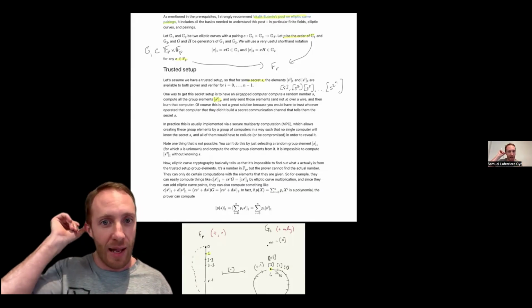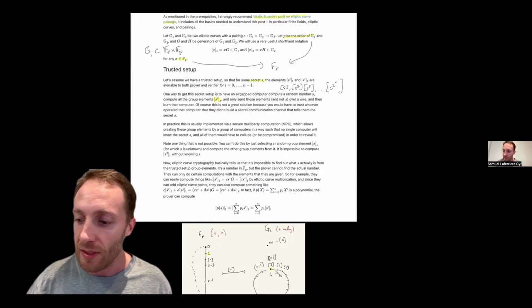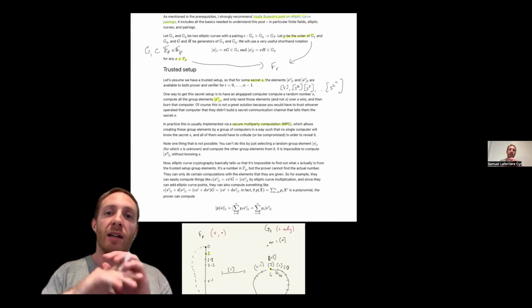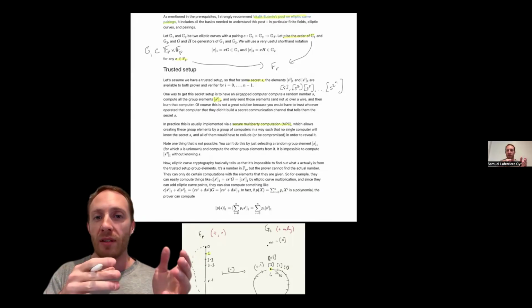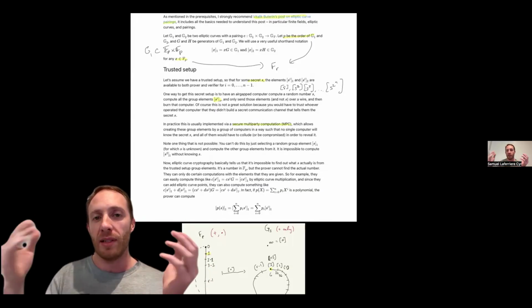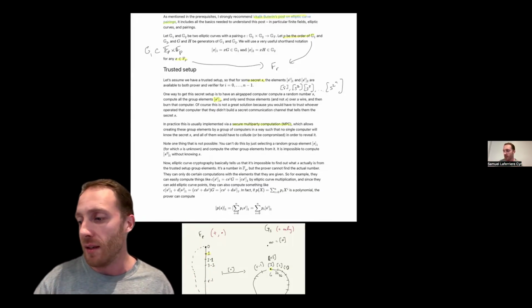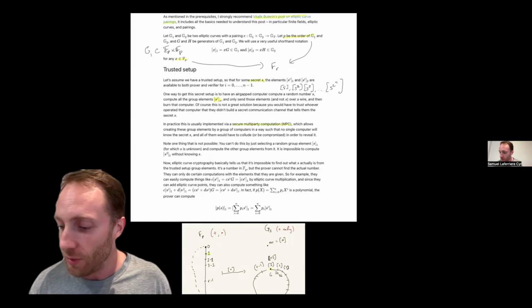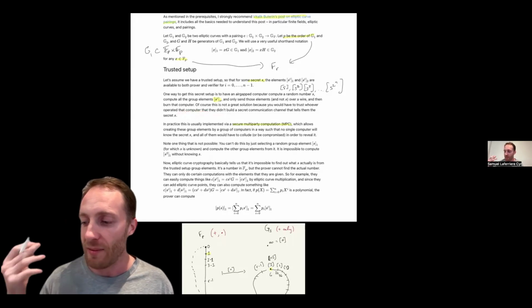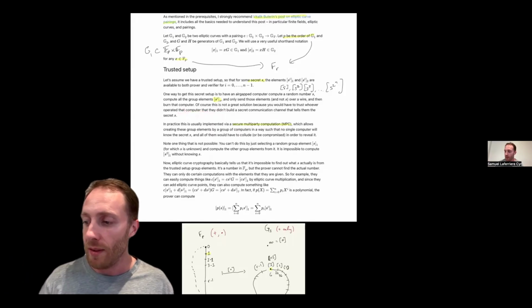People do this via secure multi-party computation. If you trust that at least one person in the group was not colluding with everyone else, there's no way to reconstruct the secret. You could do it in some simpler ways, at least conceptually.